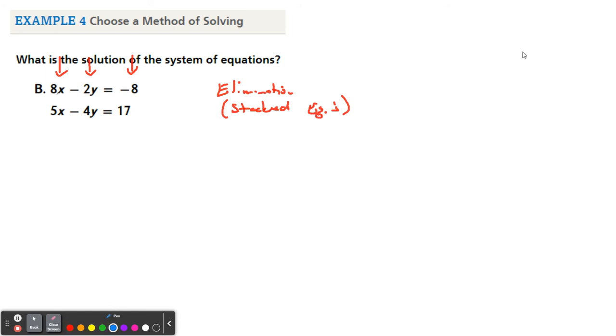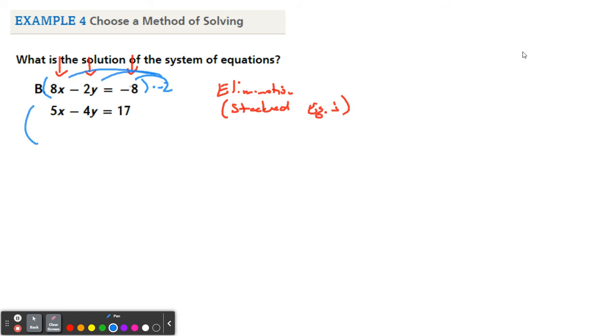So all we need to do here is multiply this top equation by 2. But the problem is, that's going to make this a negative 4. We can't have it match. It has to be opposite. So we actually have to multiply by a negative 2. That's going to change the sign of this negative 2 to a positive 4, which will then let us cancel our y's. So we're going to distribute the negative 2.